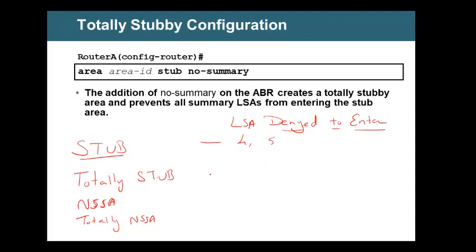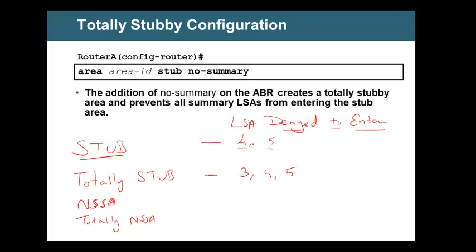Totally stub. Type 3, 4 and 5 are denied. See, when you don't allow type 4 and 5, what is not going to come inside that area? EIGRP routes. But then how will you be able to ping the EIGRP routes?